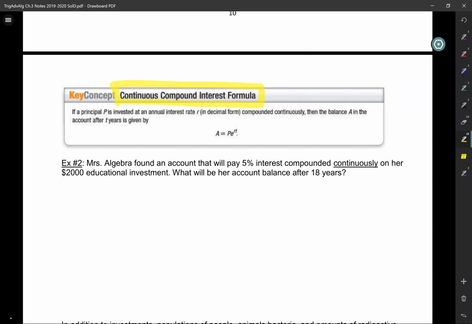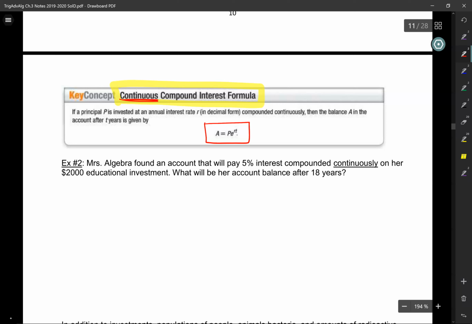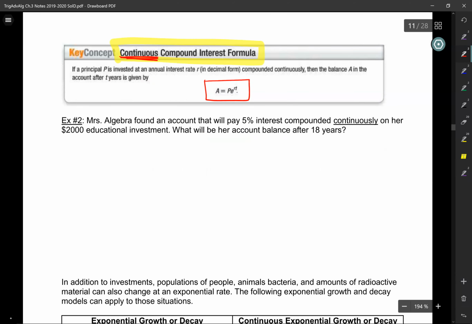So now, when it goes from monthly, daily, to continuously, the formula shifts a little bit, and now the new formula is everybody's favorite, A equals PE to the RT. You only use this when you hear the word what? Continuous. Okay? Continuous. A equals PE to the RT.